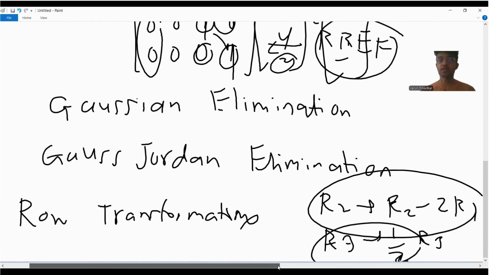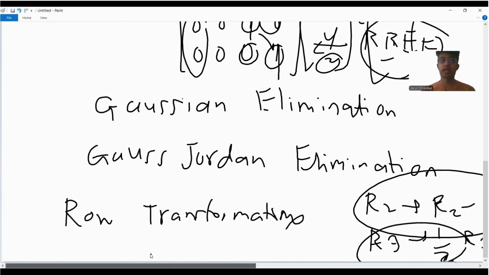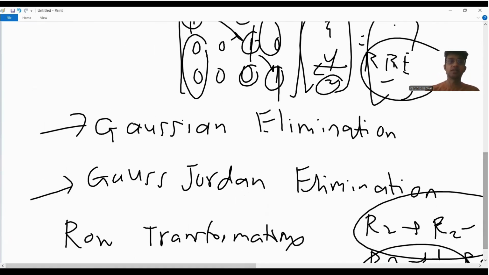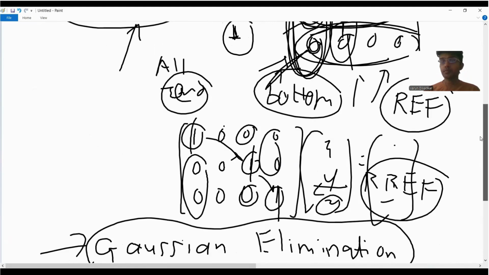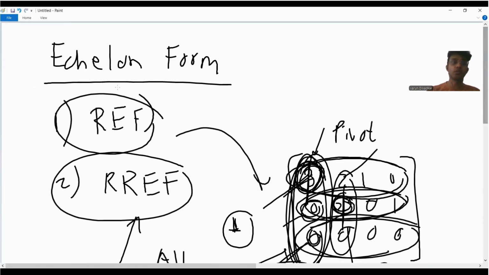So you make these transformations to either side of the matrix, and both Gaussian elimination and Gauss-Jordan elimination involve these transformations. But the only difference is that in Gaussian elimination you stop when your matrix becomes a row echelon form.